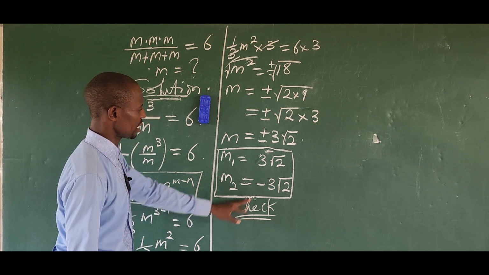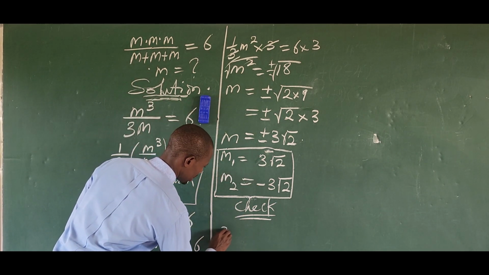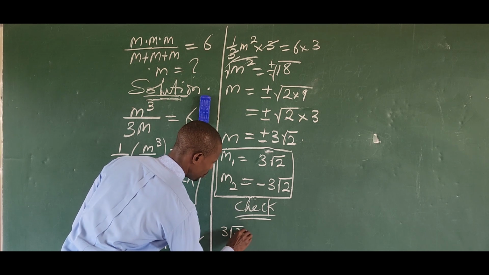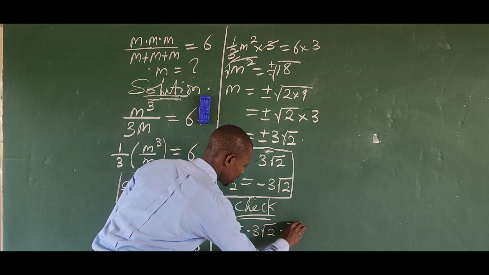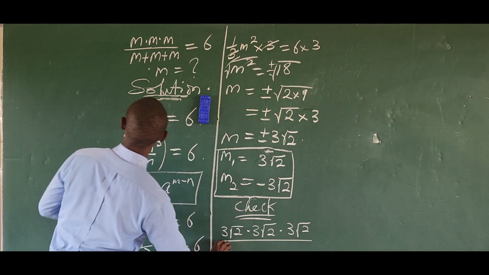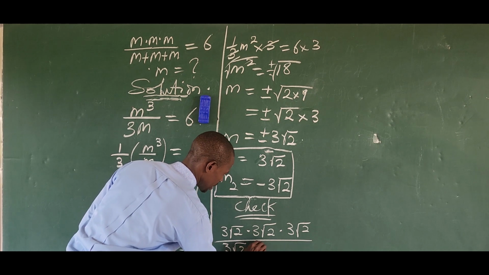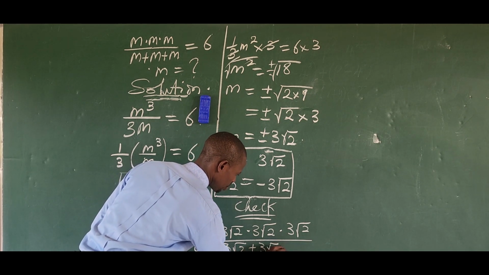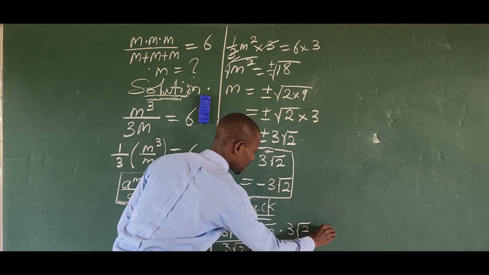If we decide to take the first one, we're going to have 3 root 2 times 3 root 2 times 3 root 2 all over, here we have 3 root 2 plus 3 root 2 plus 3 root 2, everything equal to 6.